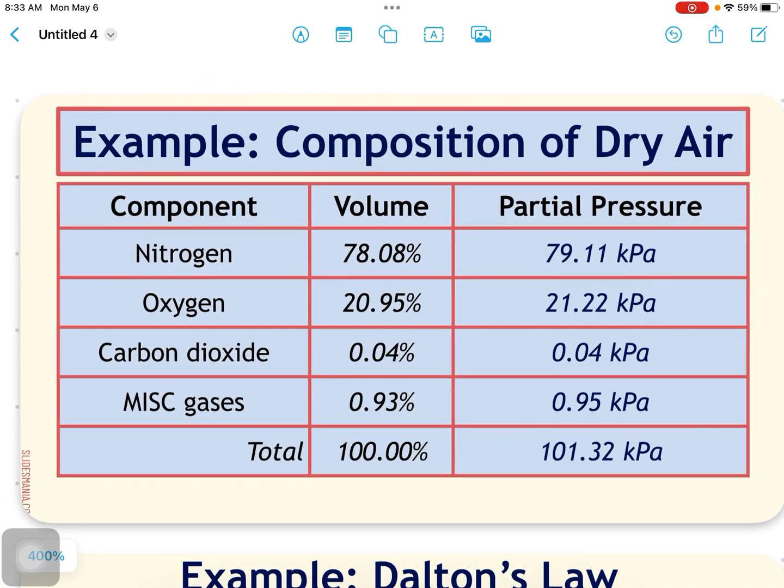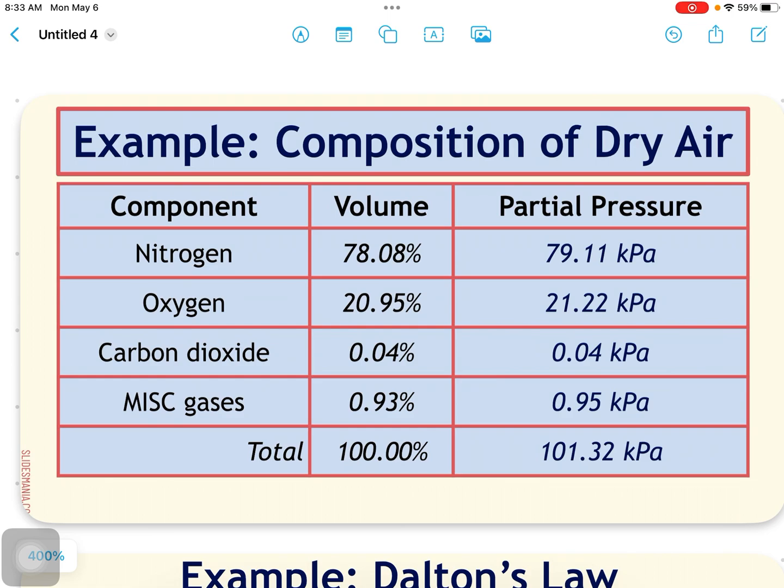For example, let's look at the composition of dry air, which is air without water in it. Nitrogen is about 78% of the volume, at 79.11 kPa, which is its partial pressure. Oxygen is about 20%, almost 21%, which is a partial pressure of 21.22 kPa. Carbon dioxide, carbon and two oxygens together, is 0.04%, so that's 0.04 kPa.